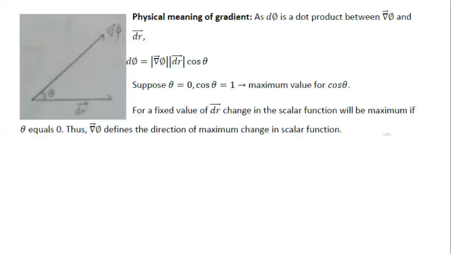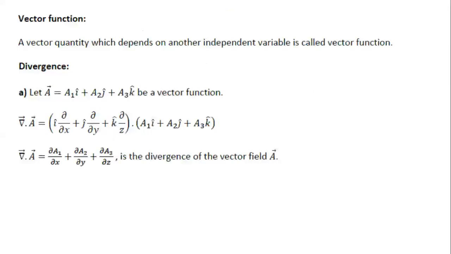The direction of maximum change in the scalar function is defined by the gradient of phi, the scalar function. Now let us look at what is called divergence.